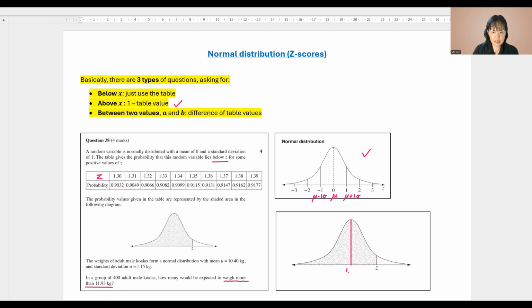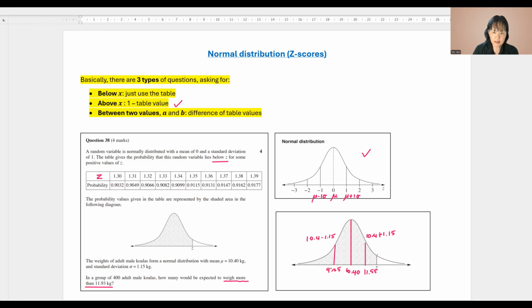This is the 10.40, my average mu. First standard deviation above the mean, 10.4 plus 1.15, 11.55, and then 1 standard deviation below 10.4, take away 1.15, which is 9.25.